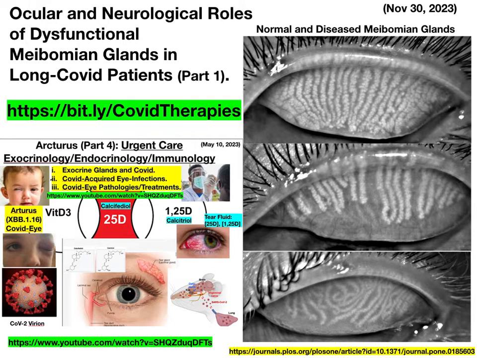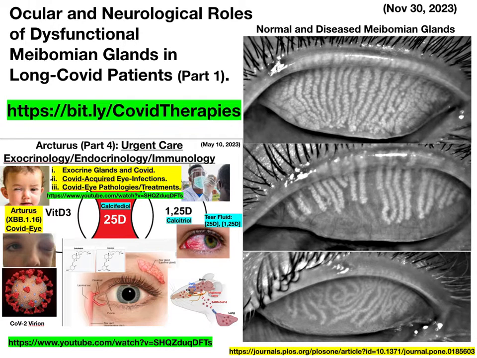And so if you look at the rim of an eyelid, you will see a series of holes. These are the exit ducts, the exit ports for the meibomian glands in the upper eyelid. There is another set of meibomian glands in the lower eyelid, and you will also see a line of ports along the rim of the lower eyelid.